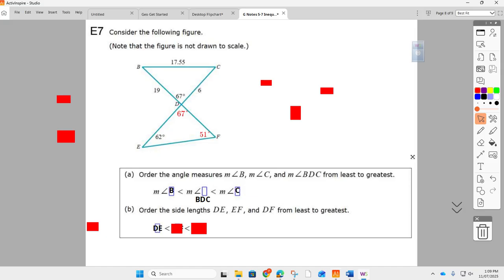What's the middle size angle? FD, very good. It's across from 62. So small, medium, large, right? FD or DF, doesn't matter which way you order them. The longest side is across from the largest angle, and that's our last one. That's EF. All right. Scan and submit your notes and get started on your homework.